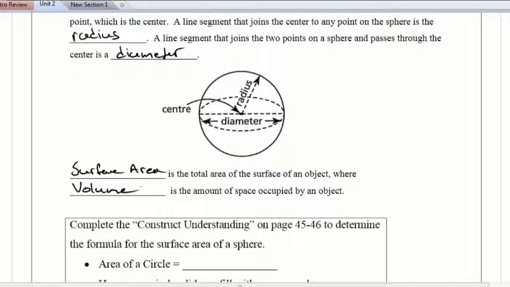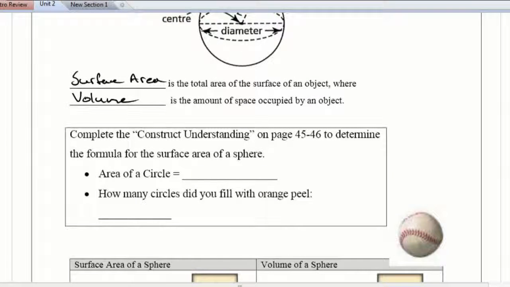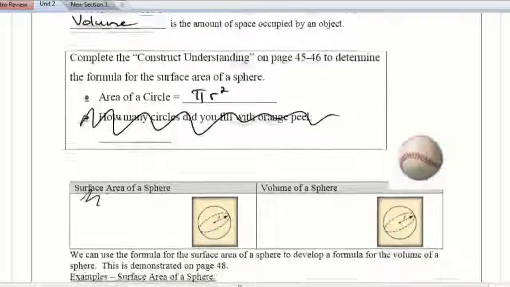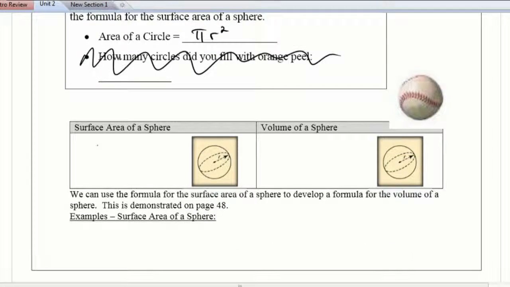You guys know this stuff. A couple important things. Area of a circle is going to be pi r squared, and we don't have to worry about that. It's given on your formula sheet.